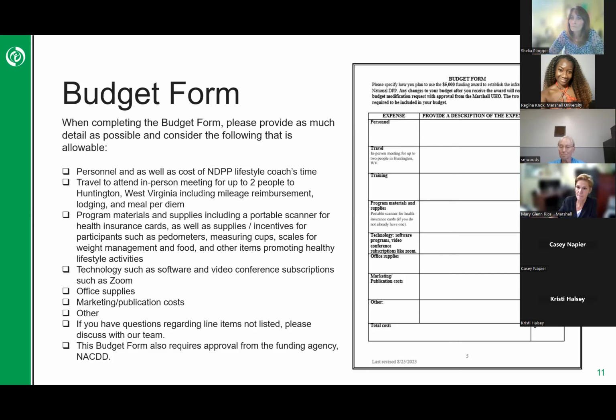So think of this just as a startup amount of money, a mini grant to help you get started, and it's up to you and your coalition, your community-based organization, on what that would look like in the future. How many lifestyle coaches you have, how many classes, how many cohorts, how many participants. So there's a lot of potential for you to be really successful with this program through the reimbursement model.